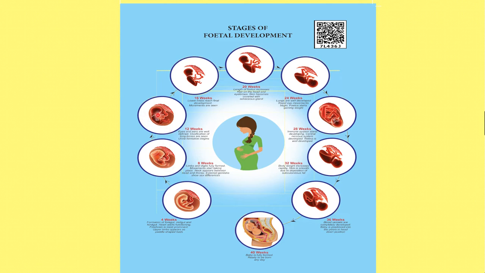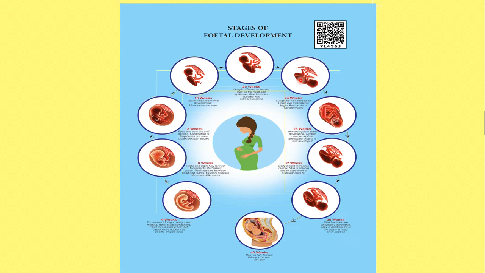Now 12th week of the embryo, eyes and ears are well defined, and you can see the bones become hardened. 16th week, the lower limbs reach final development and movements are shown. Okay, and 20th week, you can see the length of the fetus increase, hair develops, and the skin is covered by sebaceous gland. 24th week, lungs are well developed, the baby shows rapid eye movement.